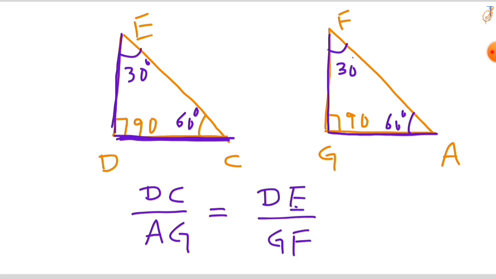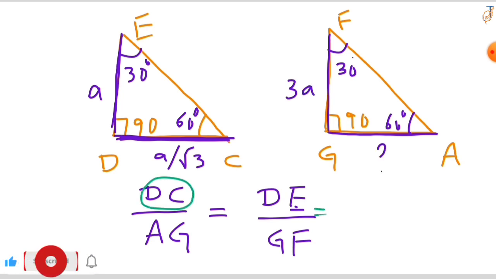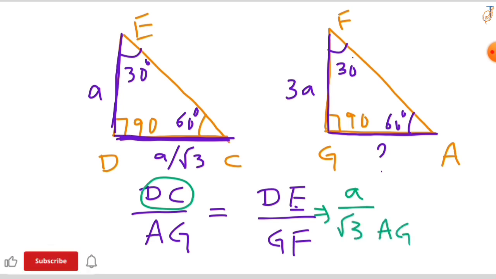We know that the DC length, which we just found, is A over root 3, the DE length is A, and the GF length is 3A. We need to find this AG length. So DC length is A over root 3, the AG length we don't know, so just write AG. That is equal to the DE length A over the GF length 3A.